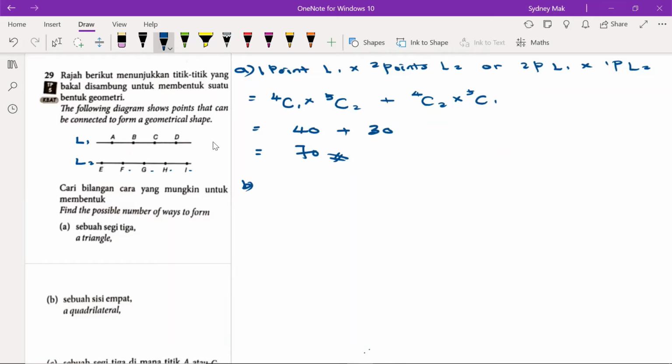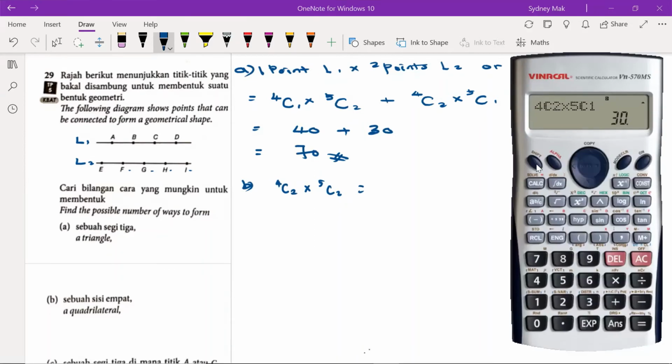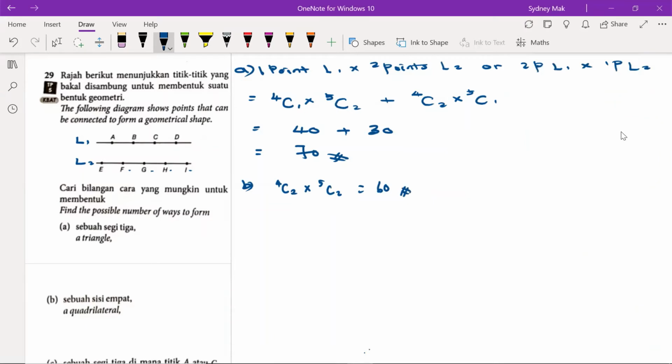Therefore 2 points from L1, so 4 choose 2, followed by 5 choose 2. Let's get the final answer from the calculator. 4C2 followed by 5C2. The number of selections that can be made is 60 ways.